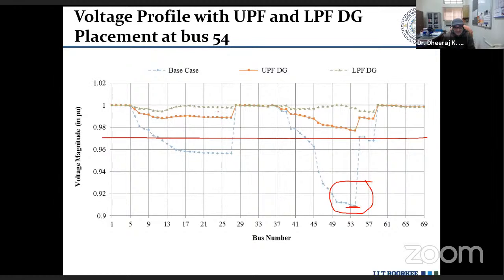In case of DG operation at load power factor, most of the buses' voltage is close to 1 per unit or more than 0.99 per unit. So load power factor DG operation is more beneficial as compared to unity power factor operation.